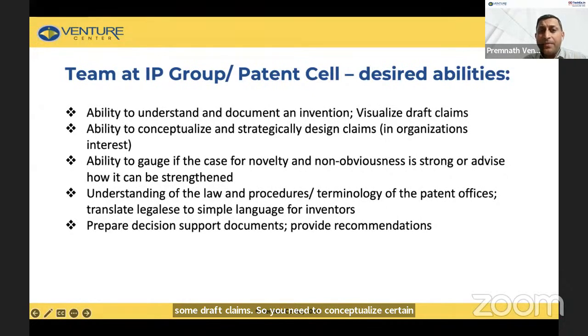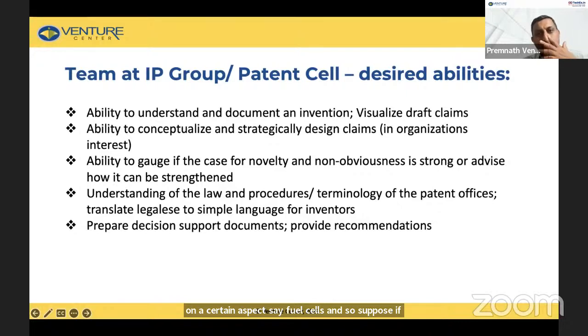You also need to be able to strategically design claims, right? So suppose your organization is interested in a certain aspect, say fuel cells, and wants to focus on building a portfolio around certain materials required for fuel cells.